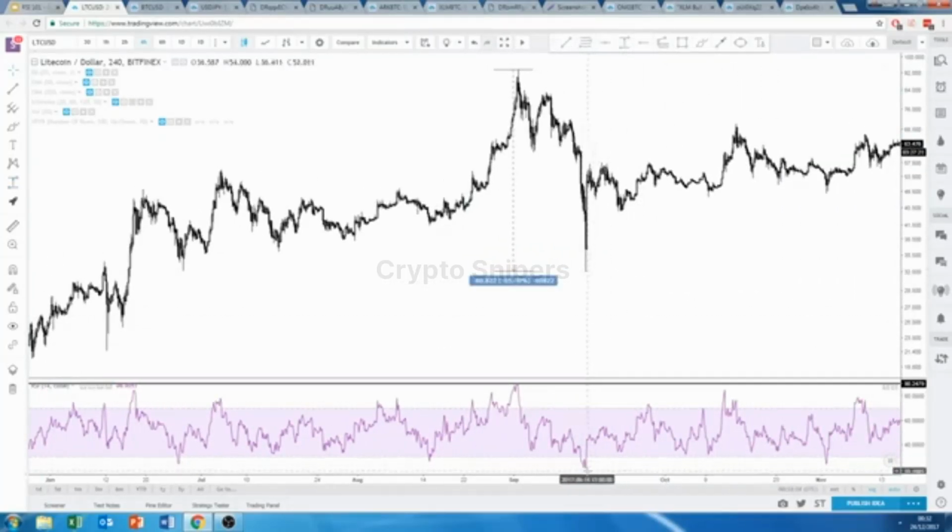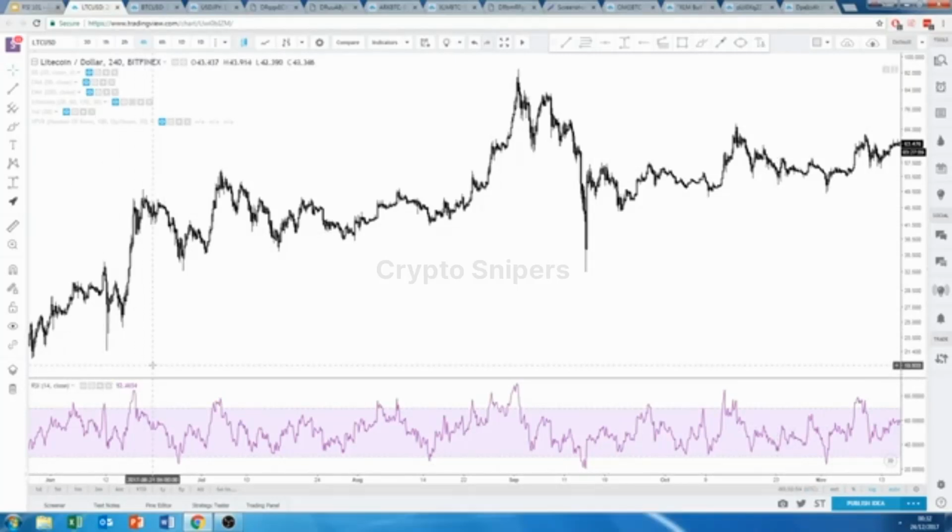And then it keeps going, oversold, you ride it until here, overbought, you ride it down until maybe here, depending on how strict you are with these levels. And then you go long again, then you go short until here, etc., etc. So if you were to use RSI in the simplest way possible, that is how you would do it.